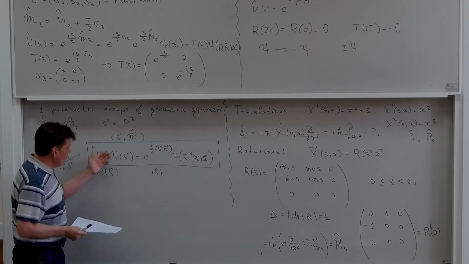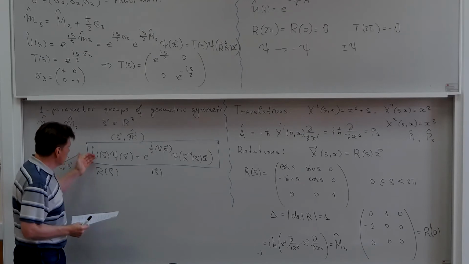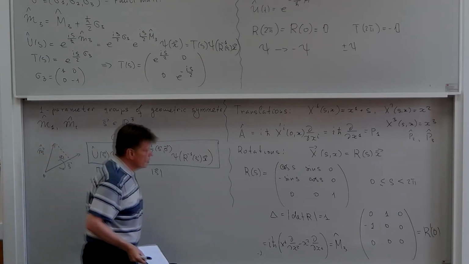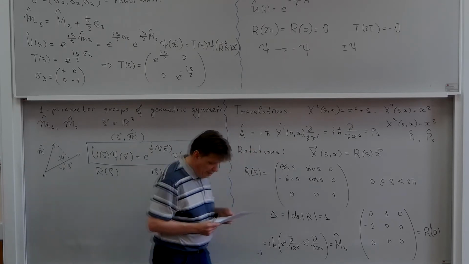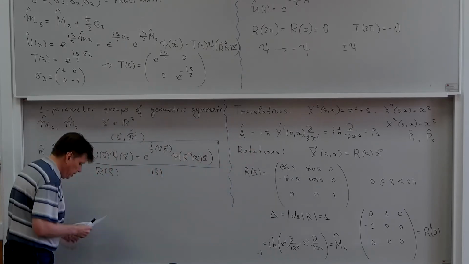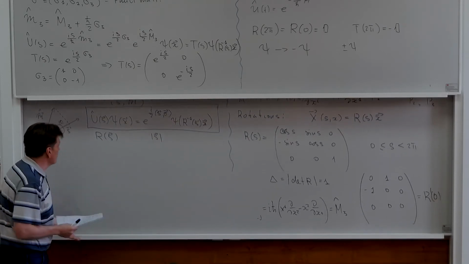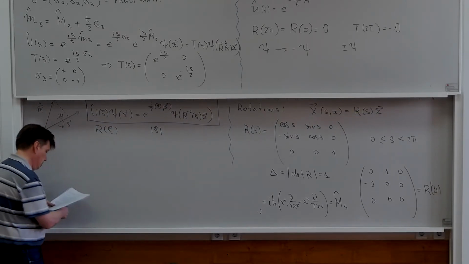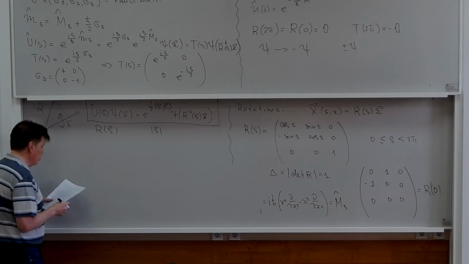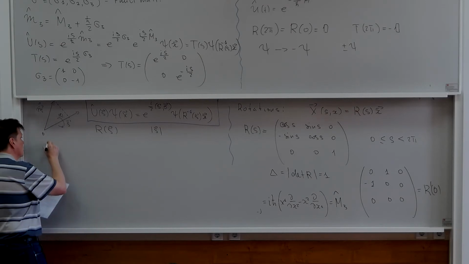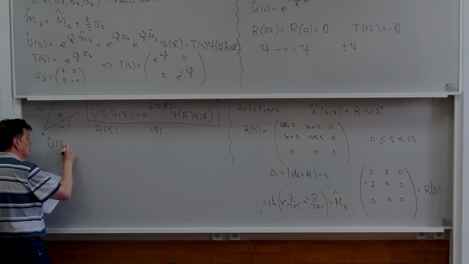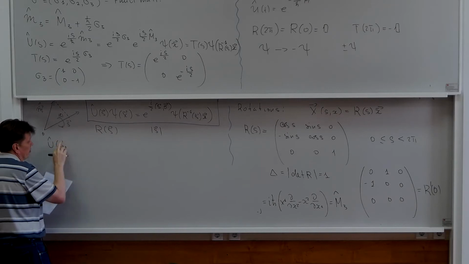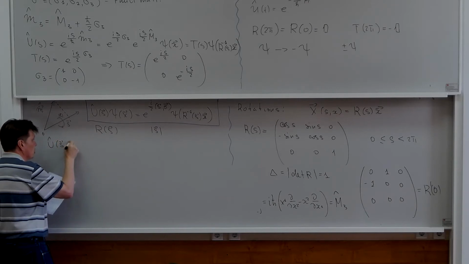Now unifying space rotations with space translations, which we have considered above, we get a six parameter group of unitary transformations. Corresponding operators depend on S, the parameters of rotations, and a, the translations.